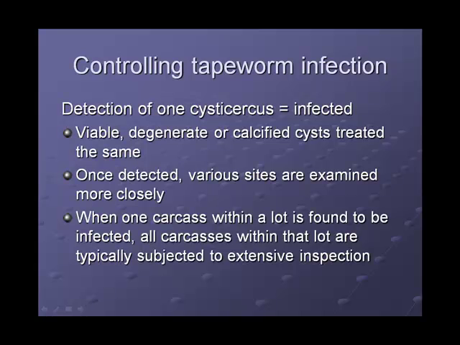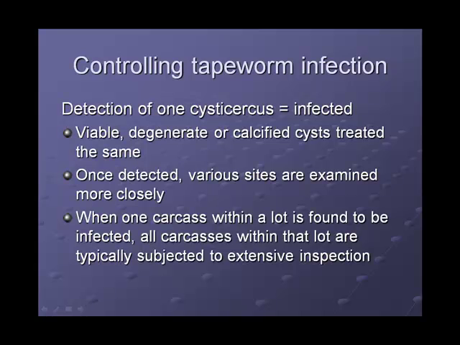Once they find one, that carcass already is going to be set aside, and then they're going to look more in depth at those preferred sites, and then they're going to see what level of burden they feel that animal represents.